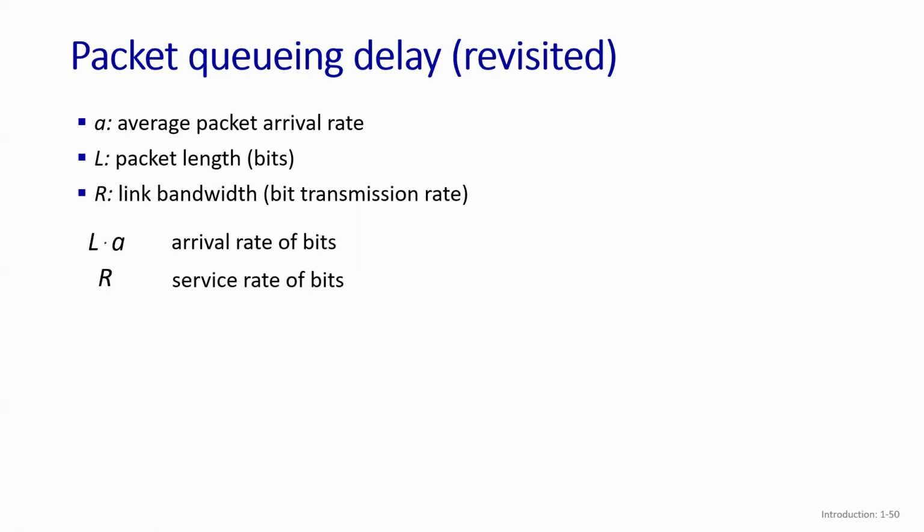So now the expression looks like this: L into A, which is the average arrival rate of the bits, divided by R, the rate at which the bits are going to be transmitted. We call this the traffic intensity.